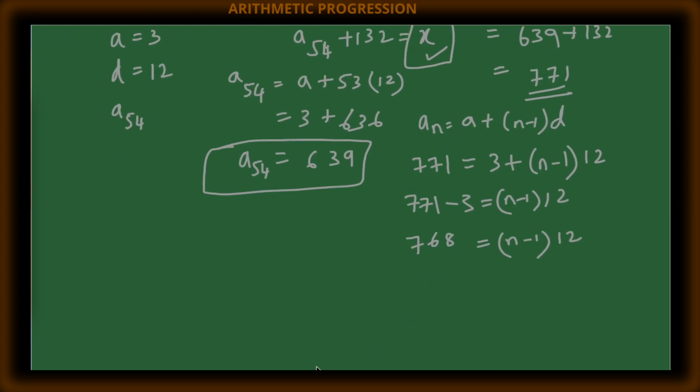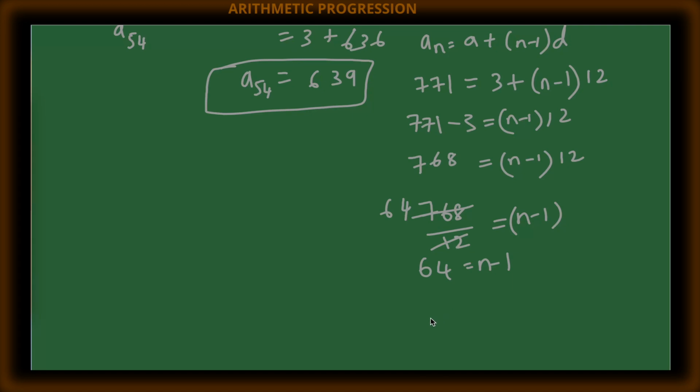So 768 divided by 12 is equal to n minus 1. Let's bring this 12 down. How many times does it go? 12 goes 64 times. So 64 is equal to n minus 1. Further, if you bring it here, 64 plus 1, n is 65.